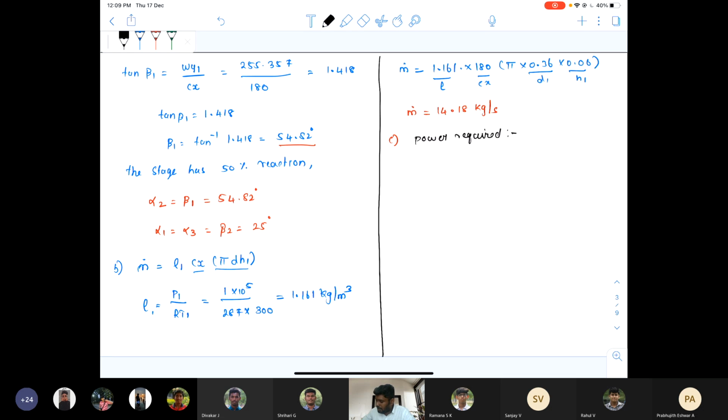The power required is given by the formula P, which is equal to 1 by eta m, where eta m is the mechanical efficiency, into mass flow rate into work done. P is equal to 1 by eta m into mass flow rate into W. Now, the value of W is given by an equation.